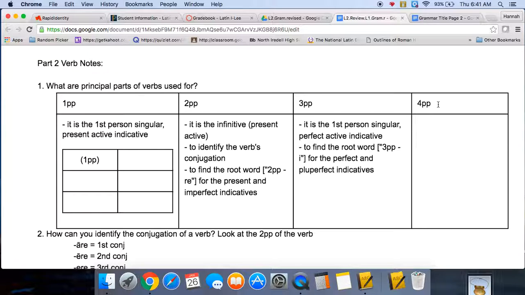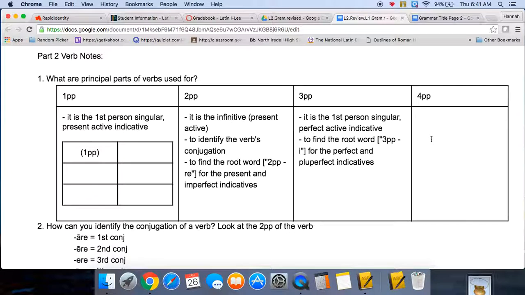And the 4pp is called the perfect passive participle in some books. And if it has a um on the end of it, some books are referring to that form as the supine. They're the same thing, they're used slightly differently, and that's why there are different names for the 4pp. We're going to be using 4pp in Latin 2 as the perfect passive participle.